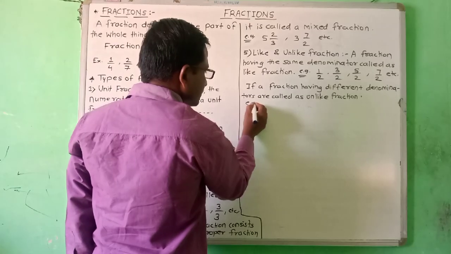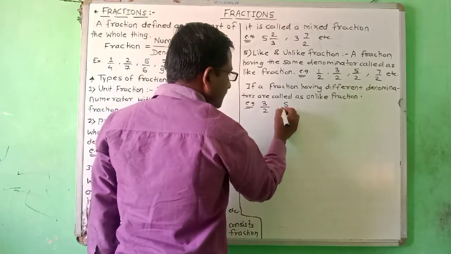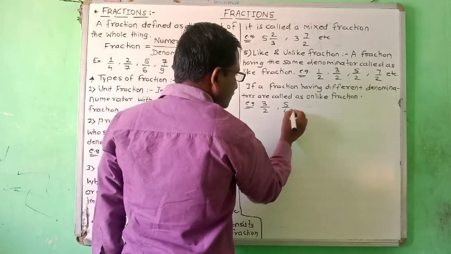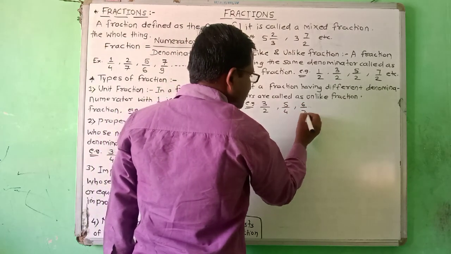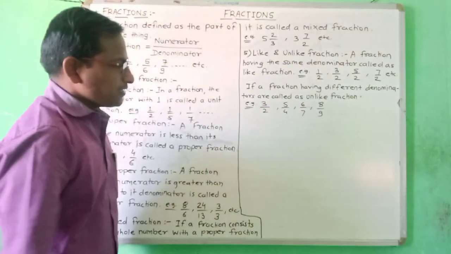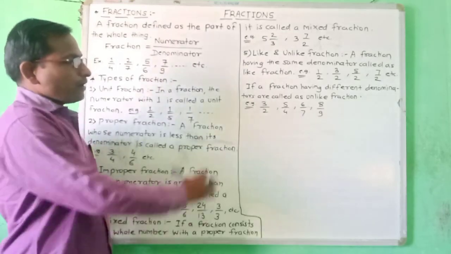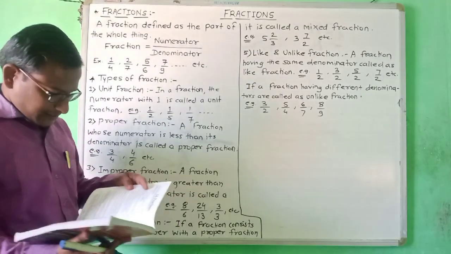Example: 3/2, 5/4, 6/7, 8/9. In these fractions, denominators are different values, so called unlike fraction.